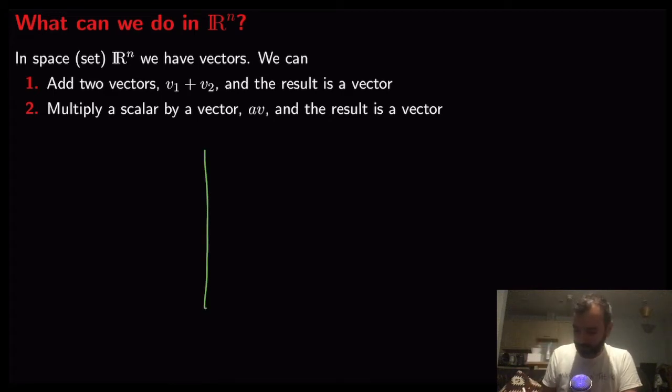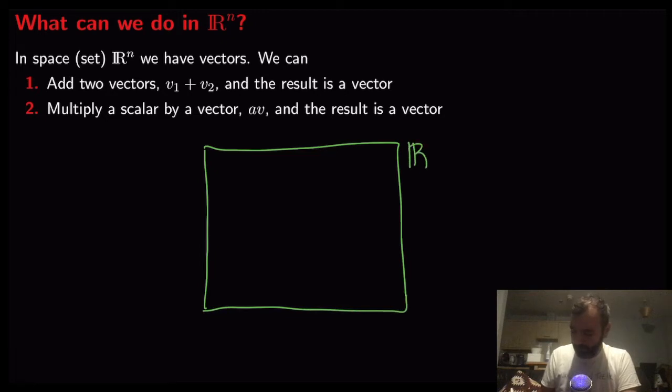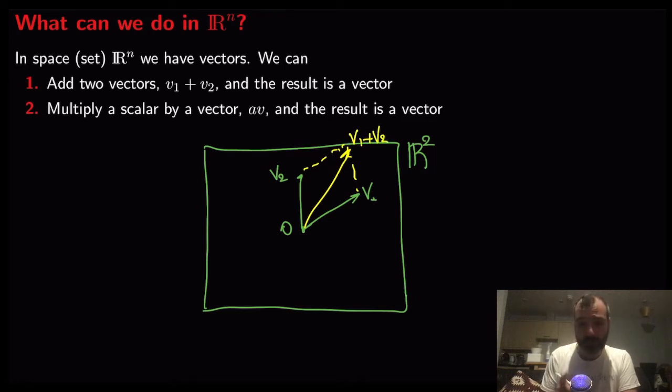Have a look. This is the whole Rn. Think of R squared, actually, 2-dimensional only. So it's a huge, endless, flat surface. Let's say 0 is over here. And you have this vector v1, and you have this vector v2. What can you do with these vectors? Well, you can add them. You can get this vector v1 plus v2. And guess what? This is inside the space. So addition doesn't do anything weird.